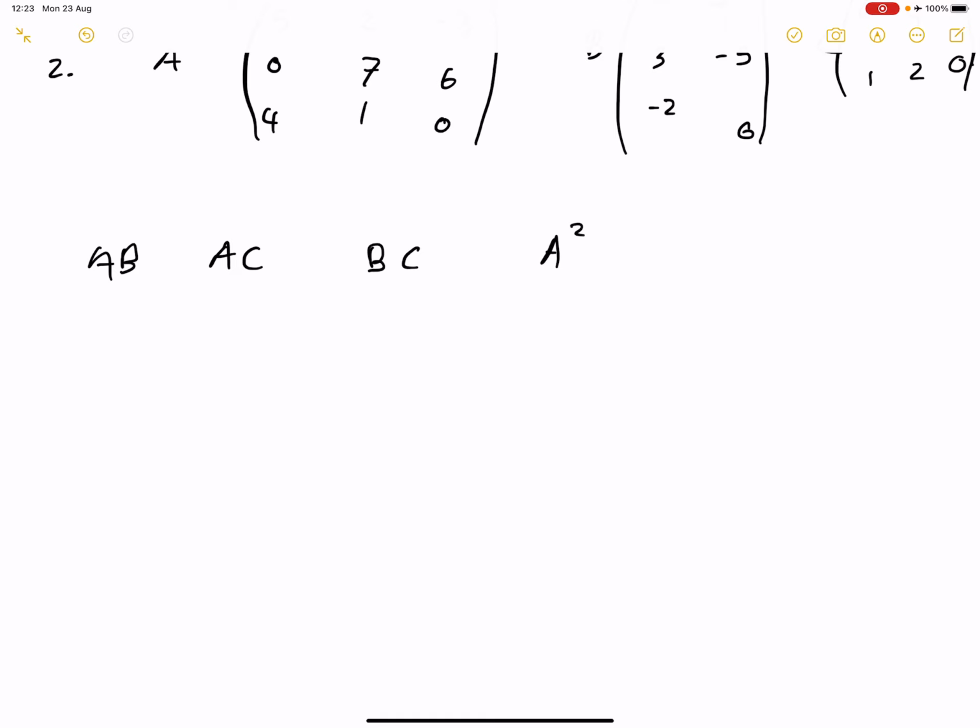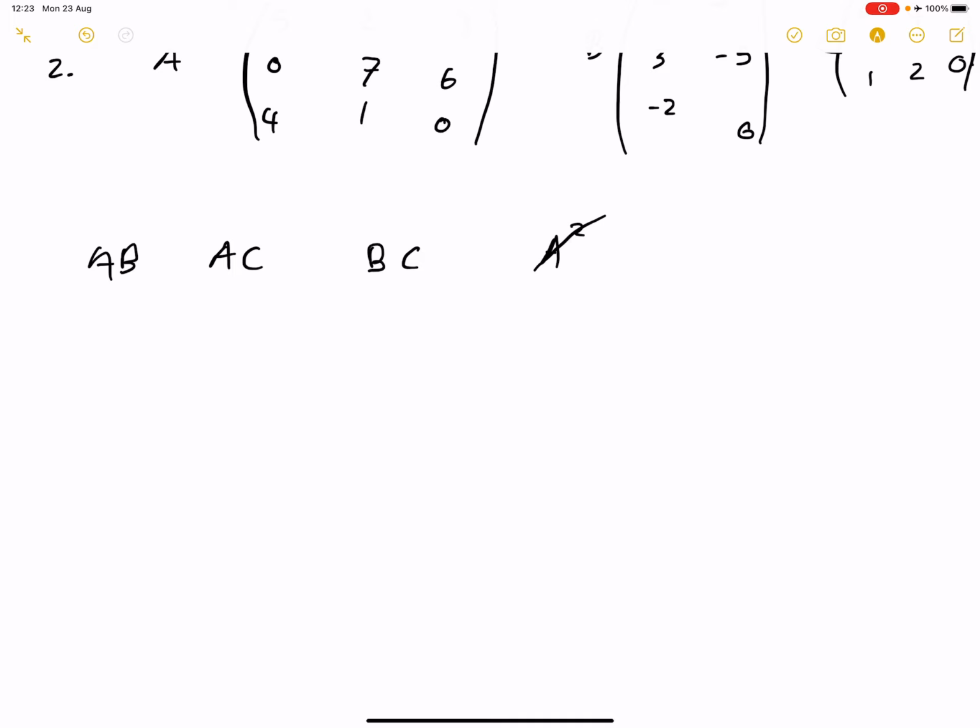When you're multiplying matrices, you look at the number of rows and the number of columns. I'll do R and C. The number of columns must be equal to the number of rows of the next one you're multiplying, otherwise the multiplying process just won't work. So A squared, that will obviously work, so it's not one of our options.